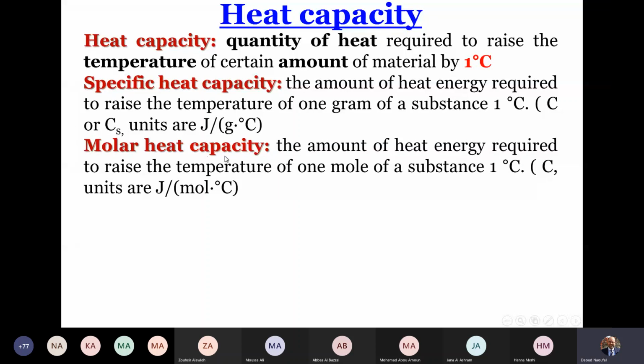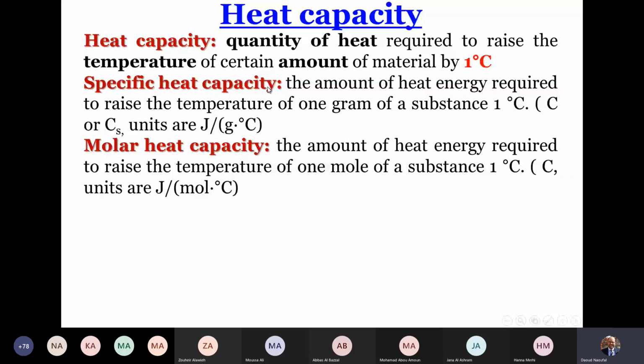The molar heat capacity is the amount of heat energy required, so absorbed, to increase the temperature of 1 mole of substance by 1 degree.